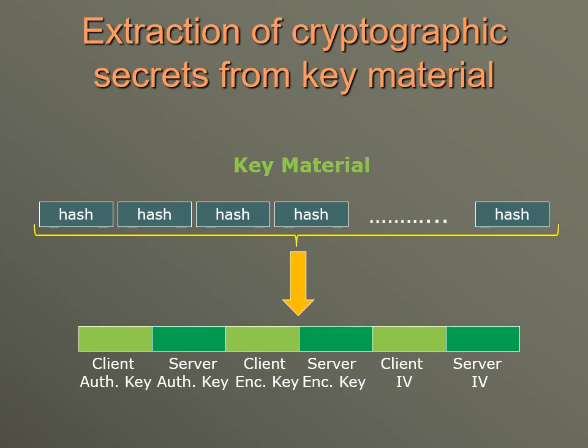So this way, these 6 parameters which are required for SSL are generated by applying the procedure: from the master secret, key material is generated, and from the key material these 6 secrets are extracted.